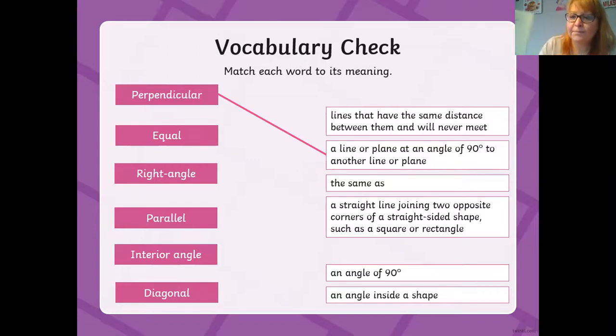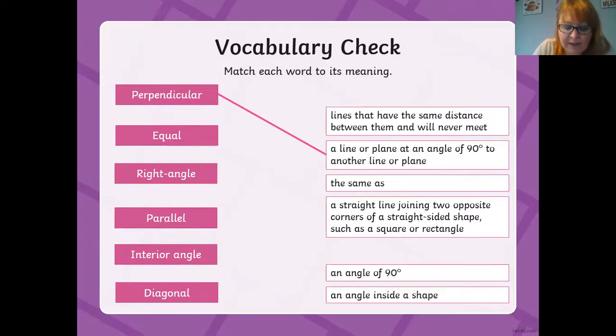So that is a perpendicular line, where the two lines join at 90 degrees. It might not be that way around. It could be that way around, or that way around. Those are different orientations.